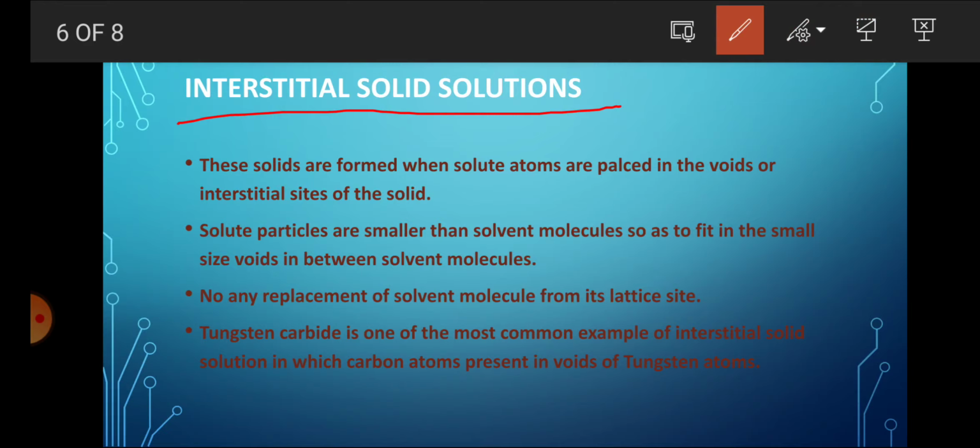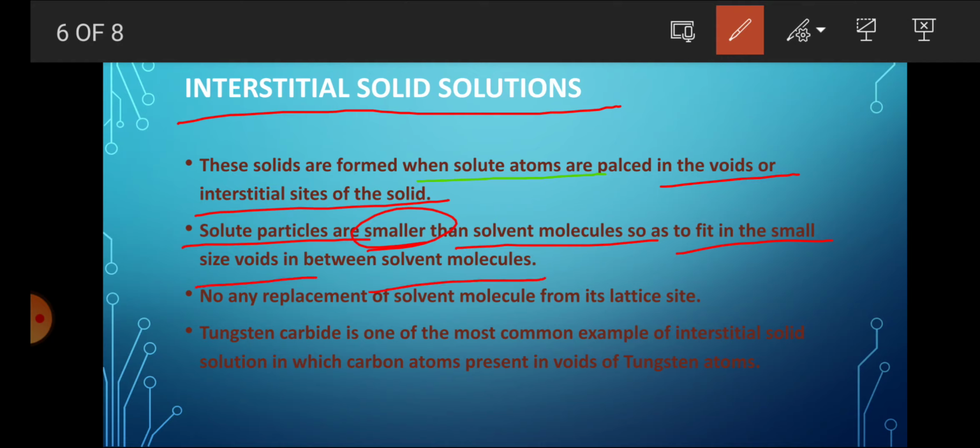Okay, students. Interstitial solid solutions are formed when solute atoms are placed in the voids or interstitial sites of the solid. So solute particles must be smaller than the solvent molecules, so as to fit in the voids between the solvent molecules.